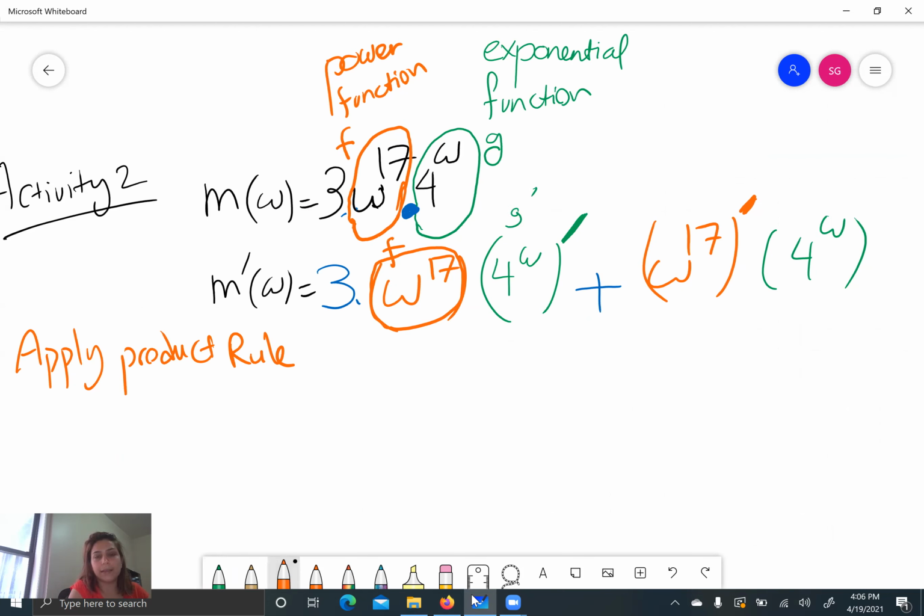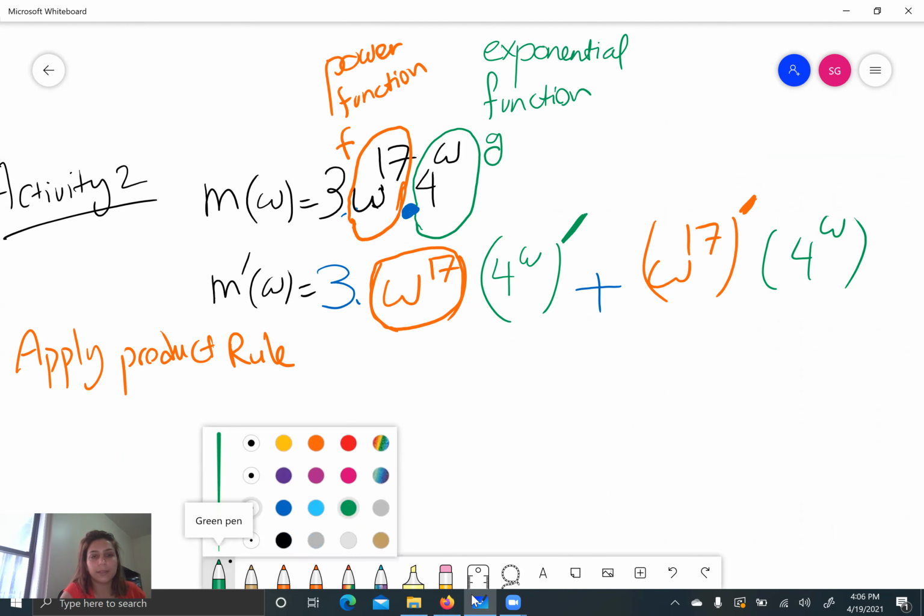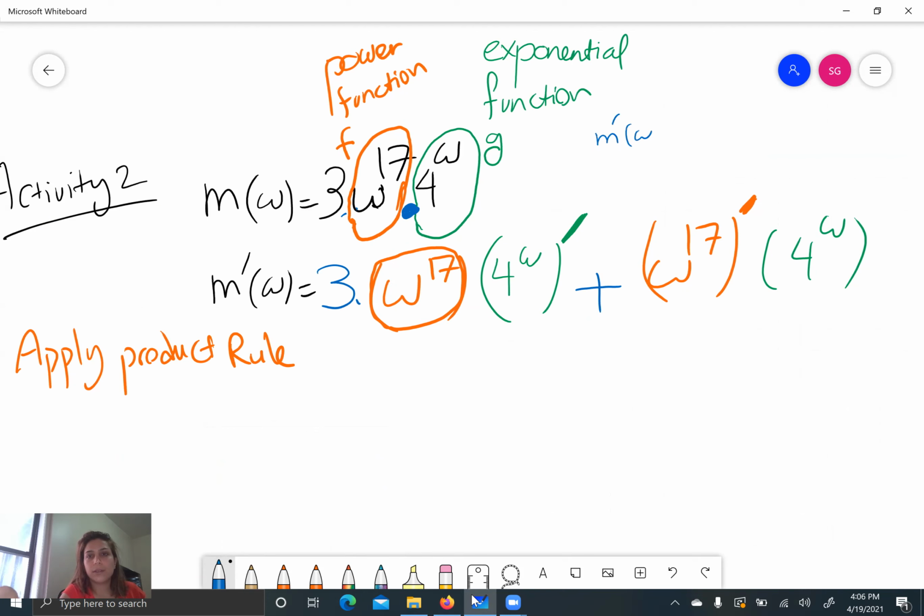So let me write it down. Product rule says that the derivative should be F times G prime plus F prime times G.